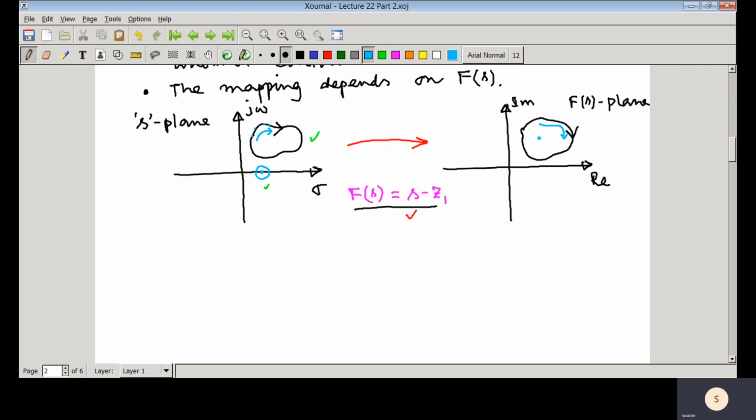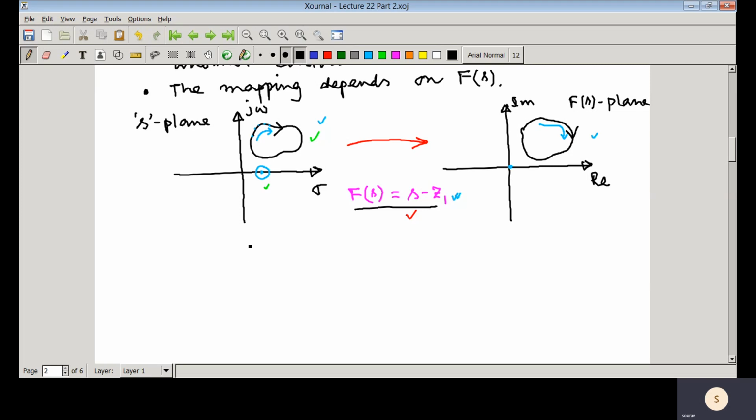So the direction remains the same and it does not encircle the origin. That is very important. So for the function s minus z1, this contour will be mapped in the F(s) plane to another contour with the same direction, but it does not encircle the origin.